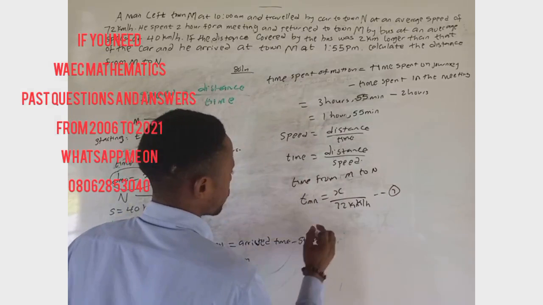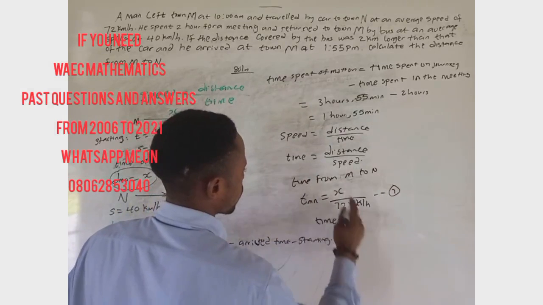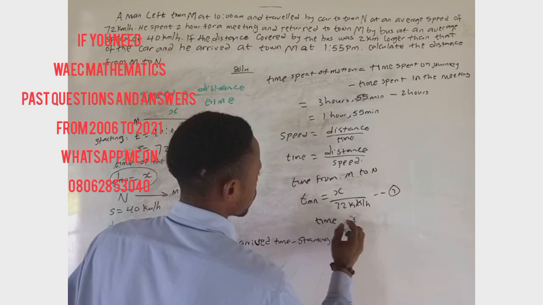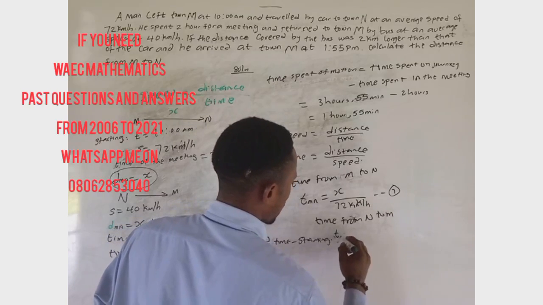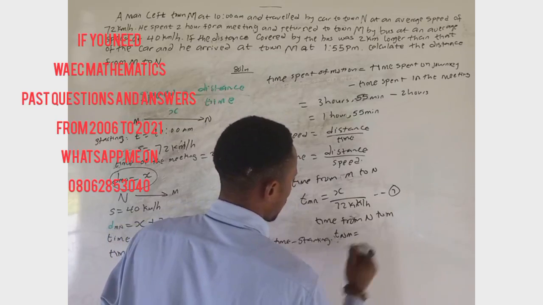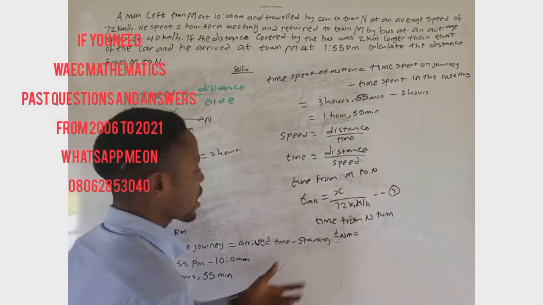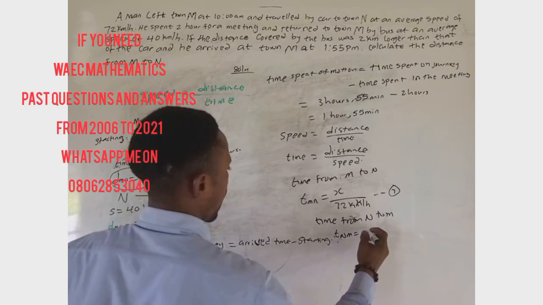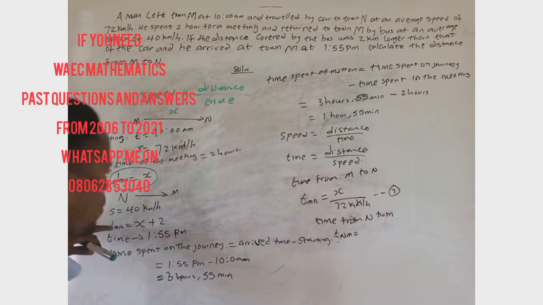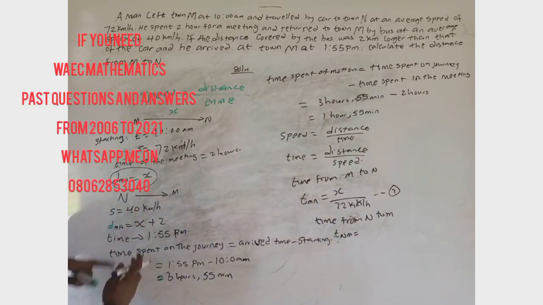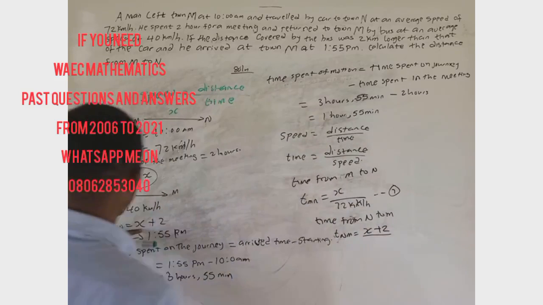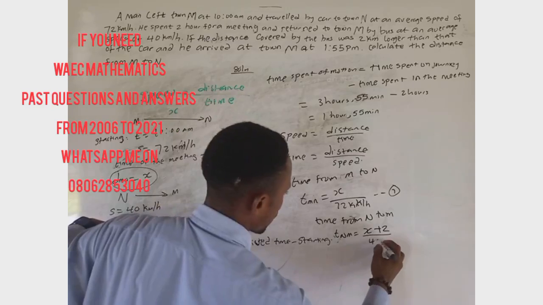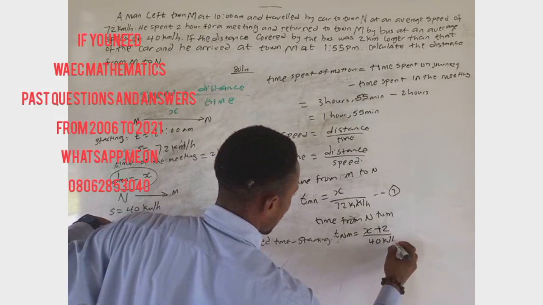So for the time from N to M, that's given as t_N. Our distance is equal to S plus 2 over our speed, which is 40 kilometers per hour.